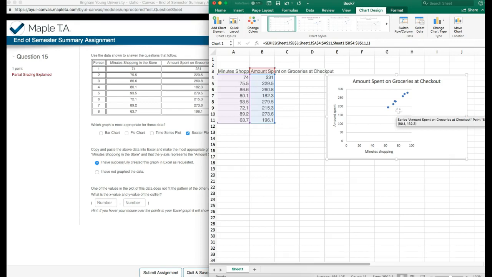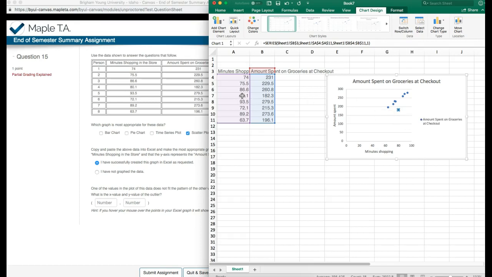Oh, it even tells me 80.1 and 182.3. So that tells me my outlier right there. Can you see how selecting that and highlighting it with my cursor tells me right there underneath? I can't show you with my cursor because as soon as I move it, you can't see it.